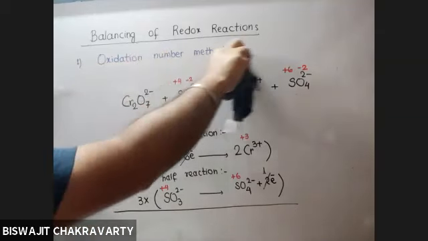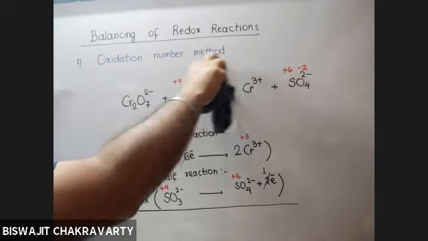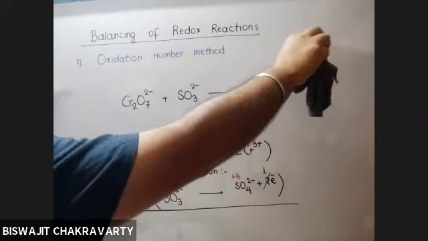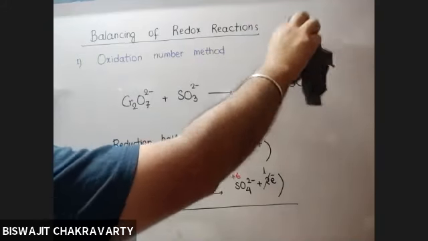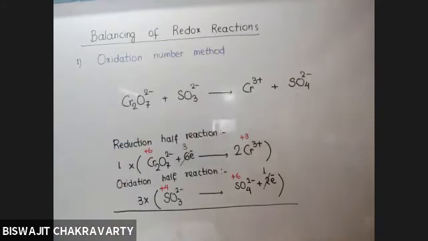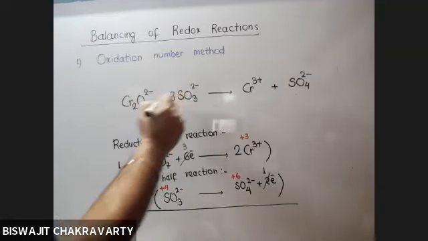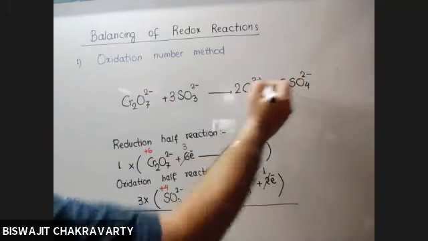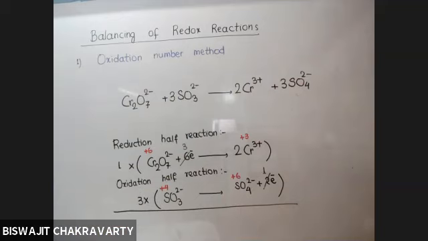You will get the complete equation. So what will you get in front of Cr2O7 2 minus? 1. What will you get in front of SO3 2 minus? 3. You will get 2 here, you will get 3 here, isn't it? Will you not get this equation?